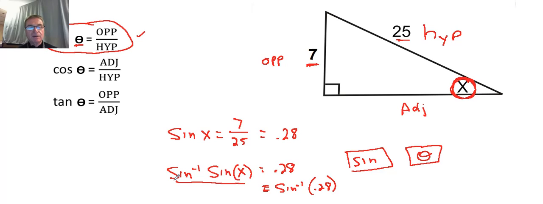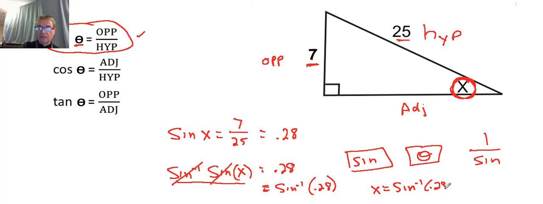All I did was multiply each side by sine to the minus 1. And all sine to the minus 1 is, is 1 over sine. So what have I got on the left-hand side? I've got sine divided by sine, and that cancels those out. And so what I'm left with is x is equal to sine to the minus 1 of 0.28.